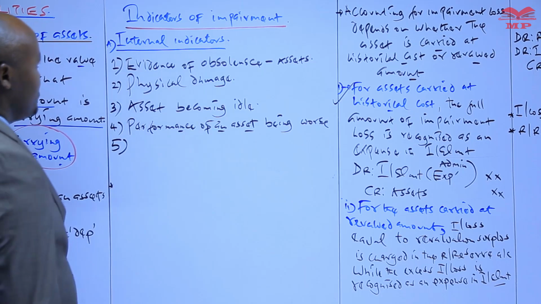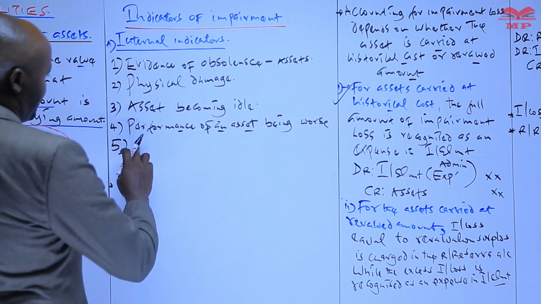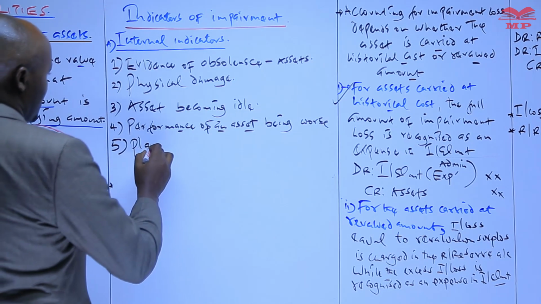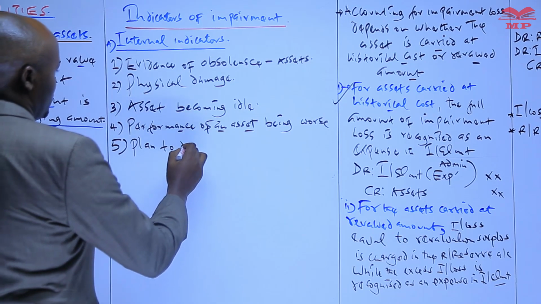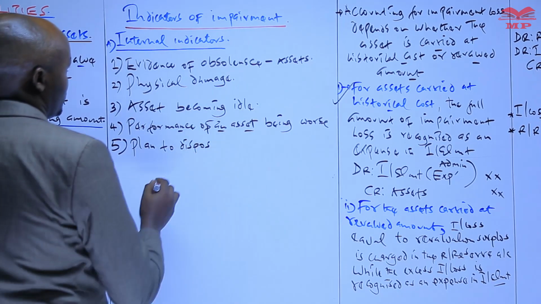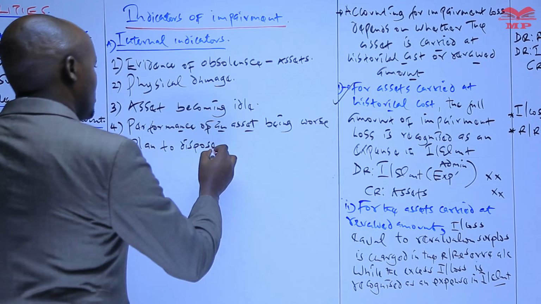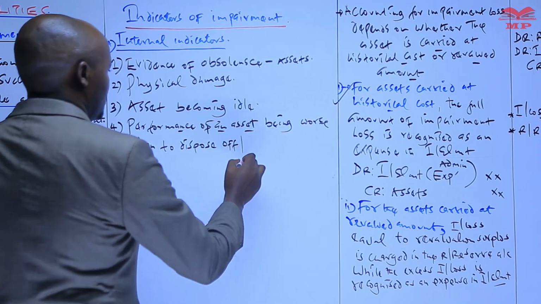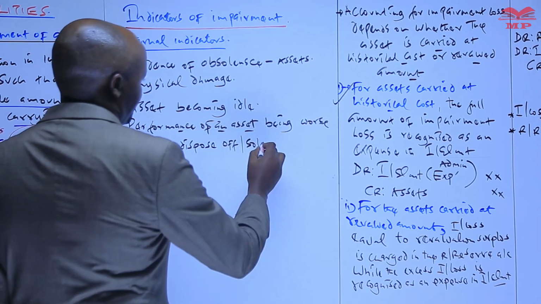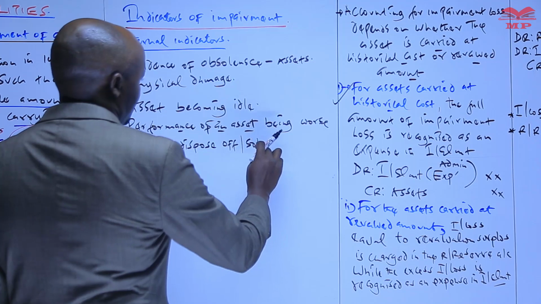The other one is a plan to dispose of an asset. To dispose is basically to sell an asset.